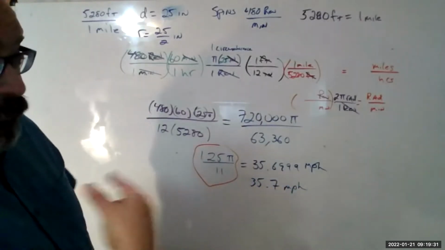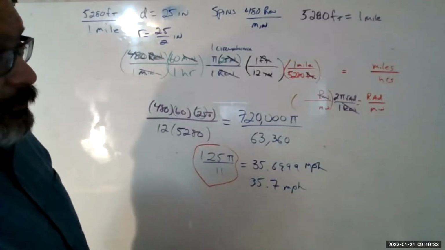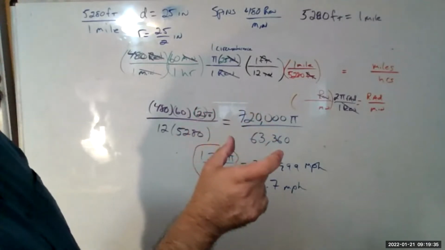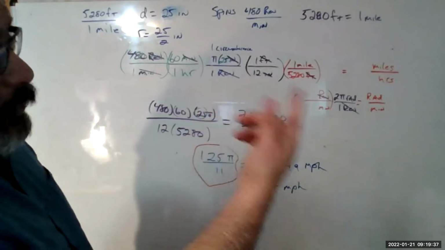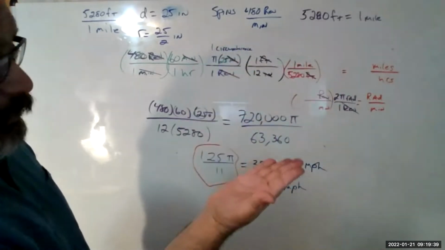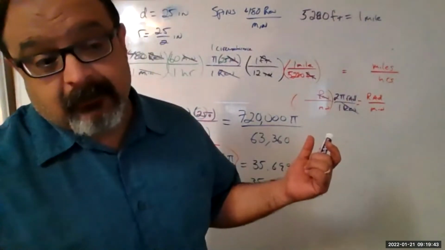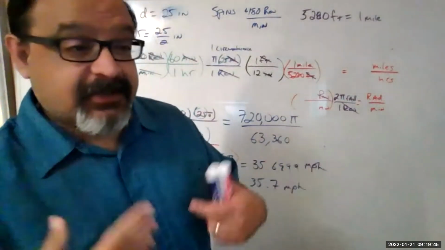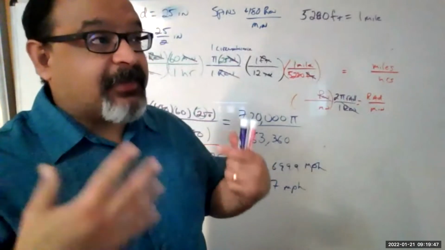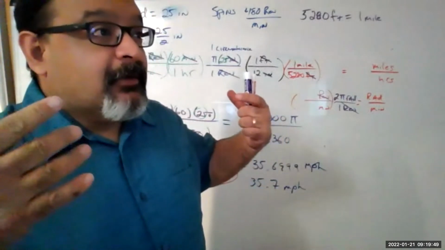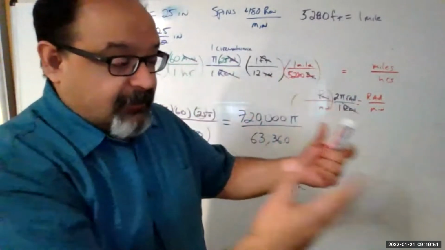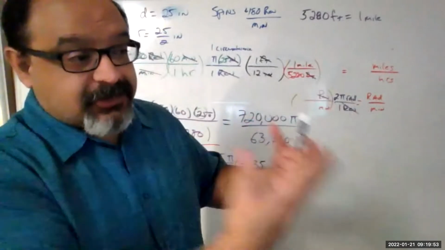So that's why you just multiply by 2 pi. The formula doesn't explain that you're actually multiplying by 2 pi radians for every 1 revolution. It just says you're multiplying by 2 pi, but it doesn't make the effort to say the units are giving you exactly what you want. Your units have to agree.